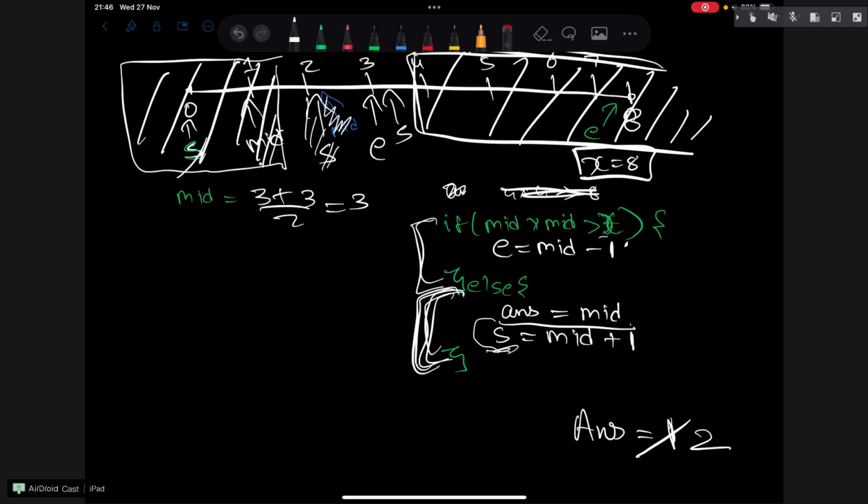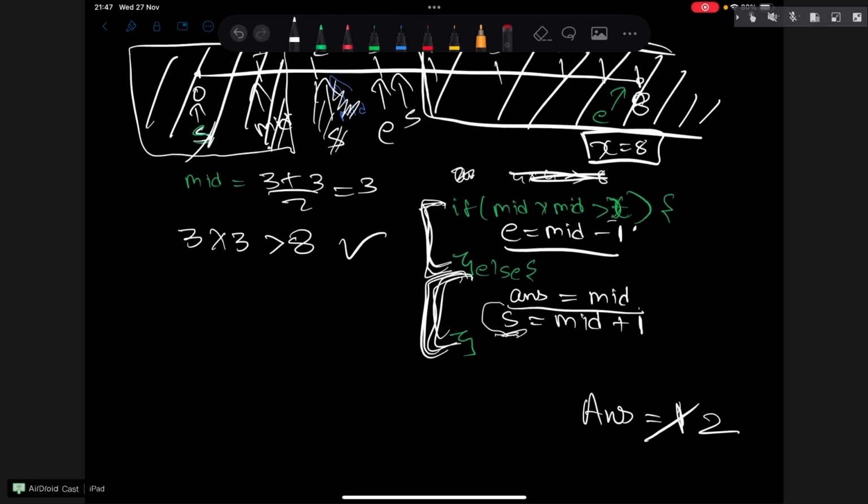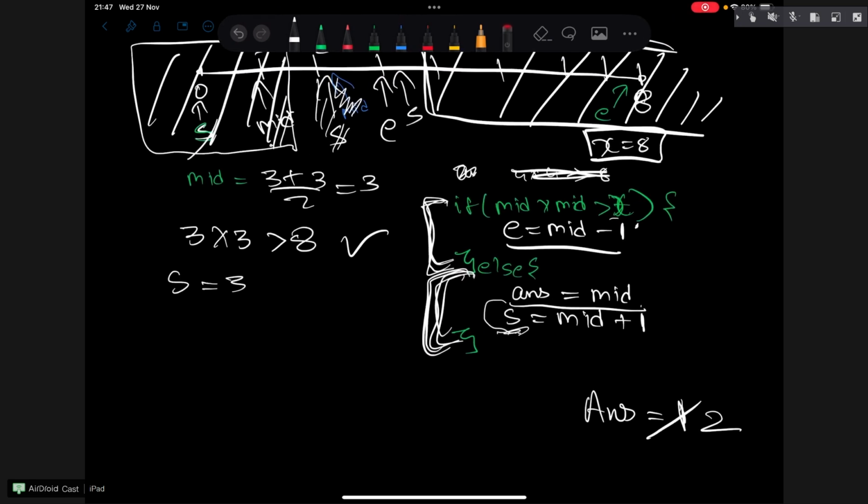So let's just do the check. If mid times mid is greater than x, if 3 times 3 is greater than 8, the answer is yes. If that is the case, I'll move the end pointer to mid minus 1. So s pointer was pointing at 3, end pointer was pointing at 3.